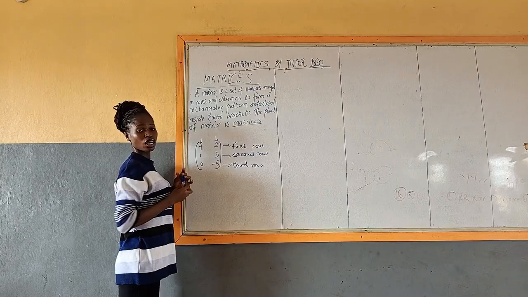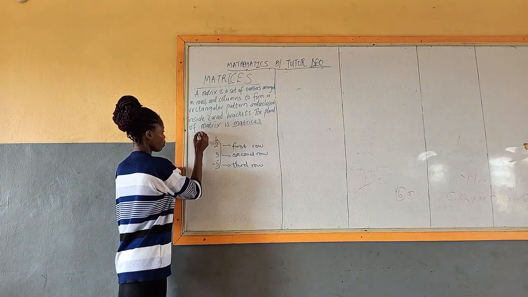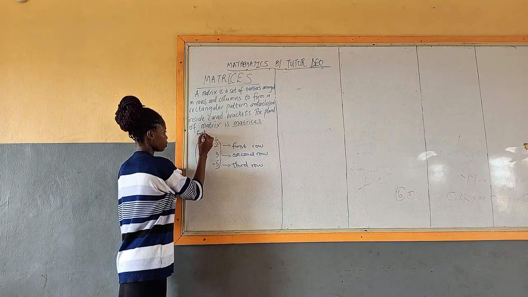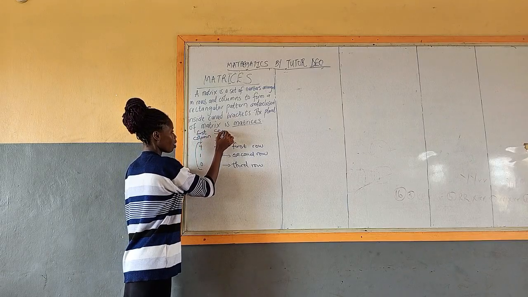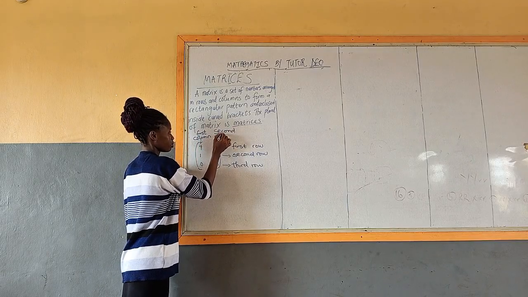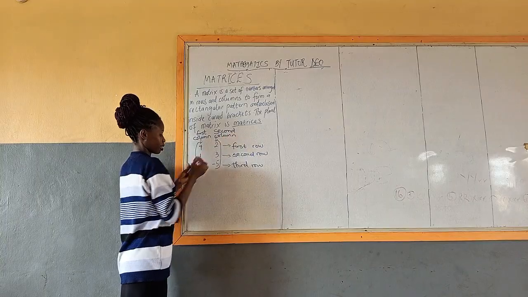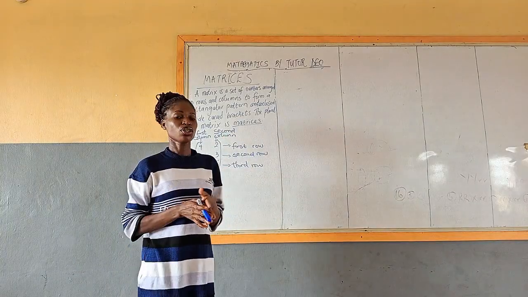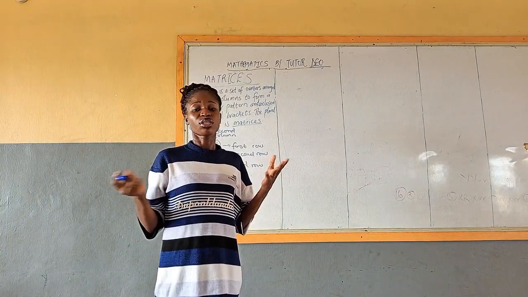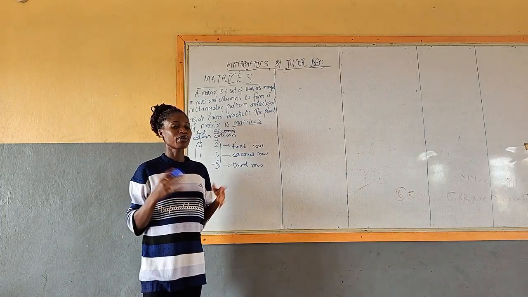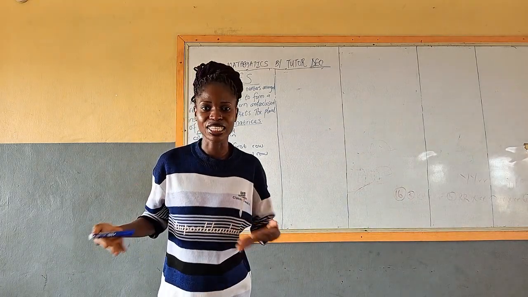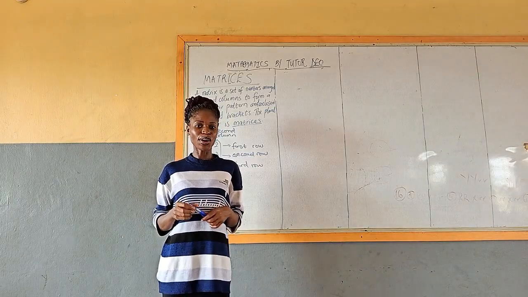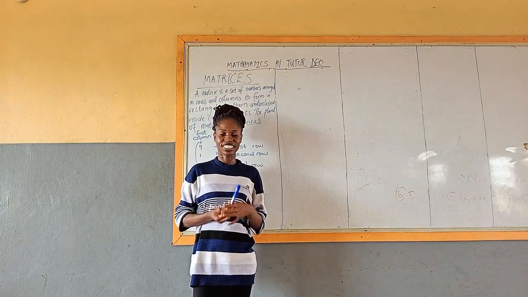So they are called columns. This is the first column, and this is the second column. With this, you can easily identify your rows and your columns in matrices. What did I say? The rows are sleeping and the columns are standing.